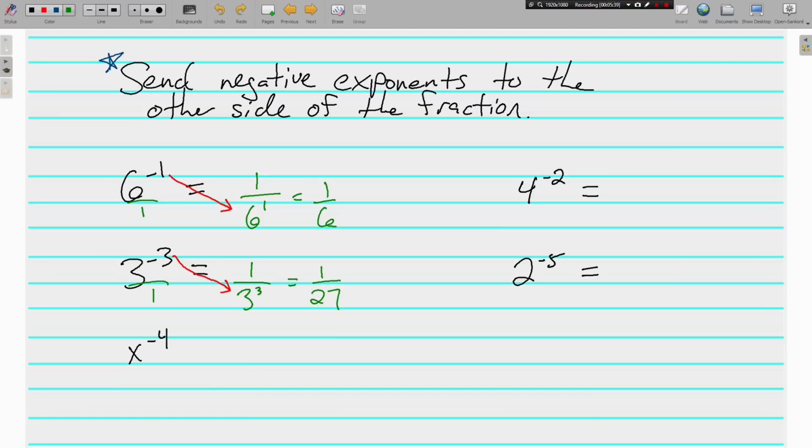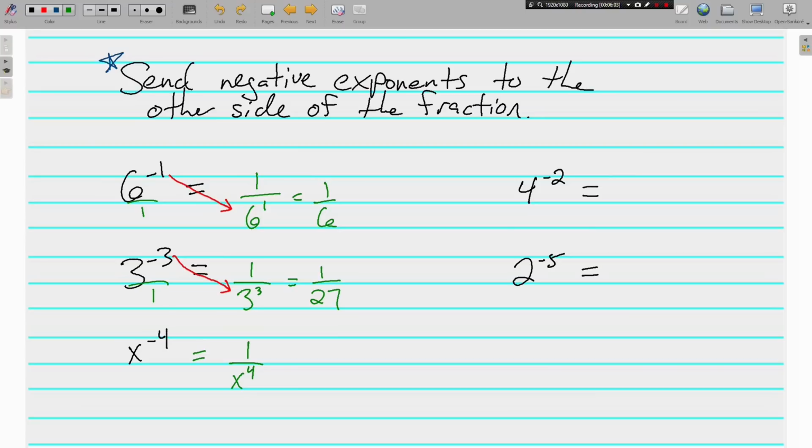So 3 to the negative third power is the same thing as 1/27. Okay? X to the power of negative 4 is 1 over x to the 4th. Whenever you send the negative exponent to the other side of the fraction, it's not negative anymore.